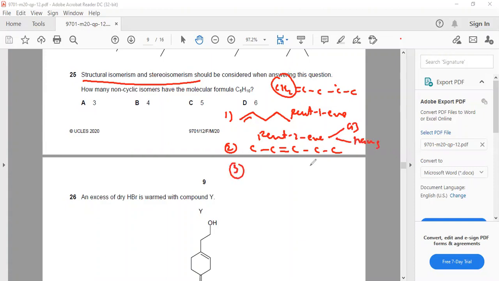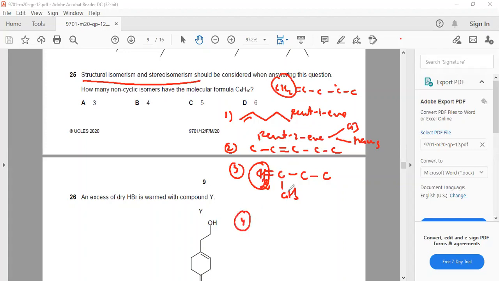Number 3. There is no pent-3-ene because if you draw the double bond here, the numbering will start from the right hand side and it will also be pent-2-ene. So what we have to do, we have to keep the double bond here and make a branch. Again, this double bonded carbon has two same groups, so no cis-trans.